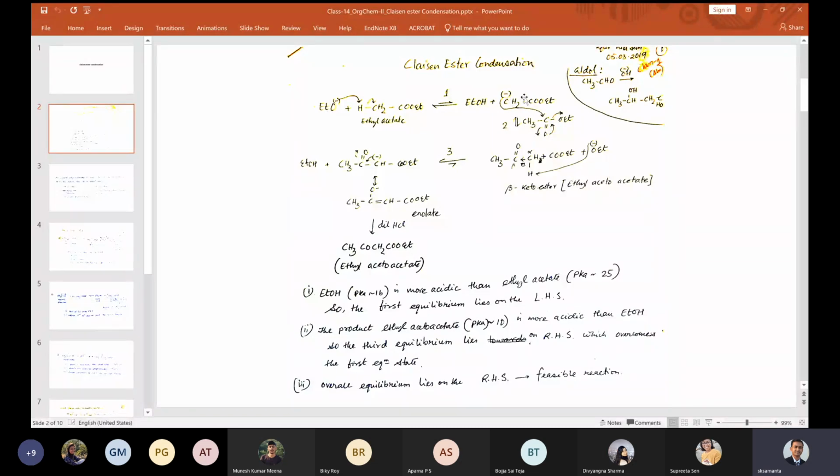So this conjugate base is a bit less stable than this conjugate base. Correct? Got it? Since ethanol is more acidic, it would like to give away its proton. So it would like to stay in this form more than this one. So this equilibrium will stay towards the reactant, towards the left hand side.